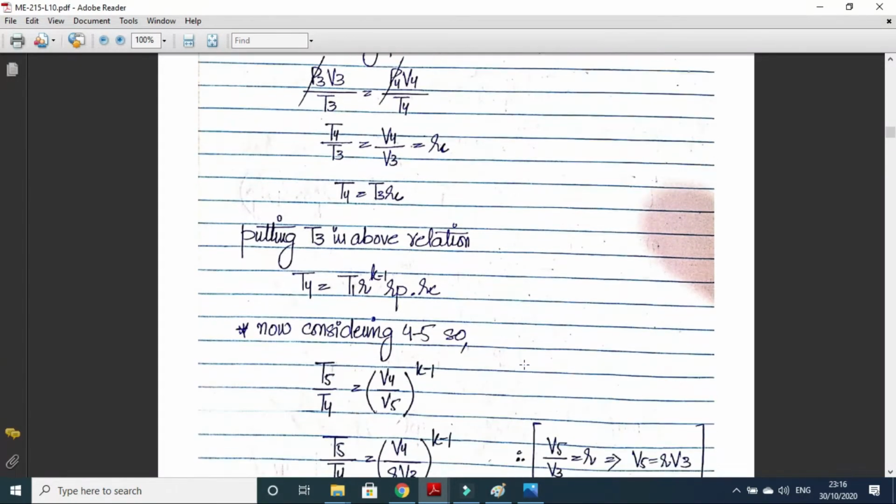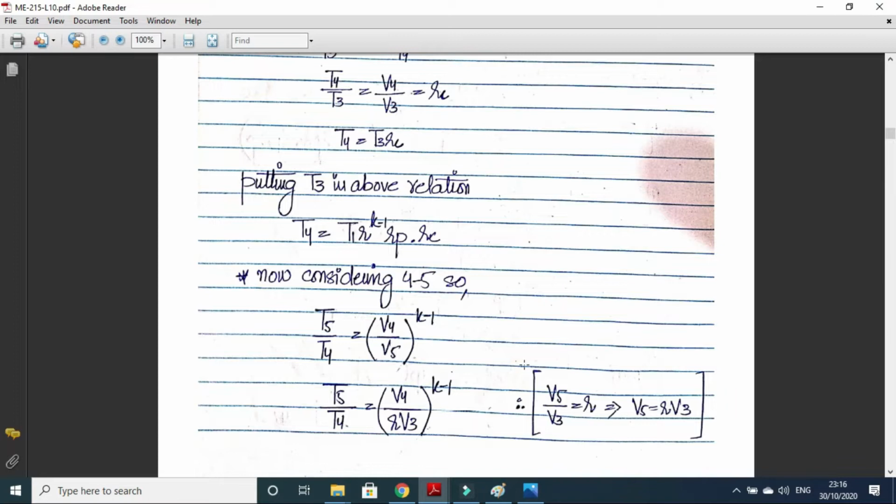Now let's consider process 4 to 5. We can apply the isentropic relation T5 upon T4 is equal to V4 upon V5 to the power K minus 1. Now please note, this will also be used in the derivation of the net work output. V5 upon V3 is the compression ratio. How?